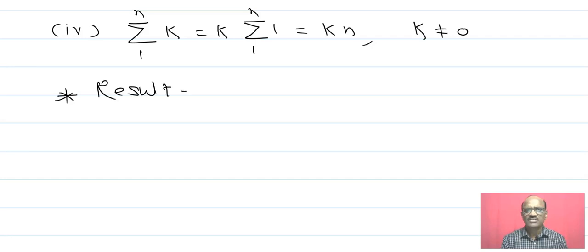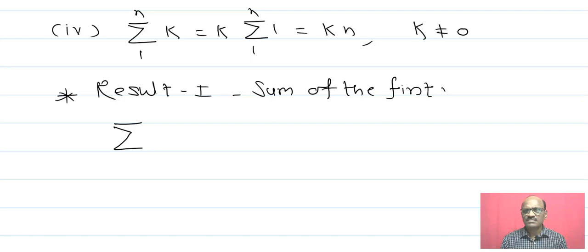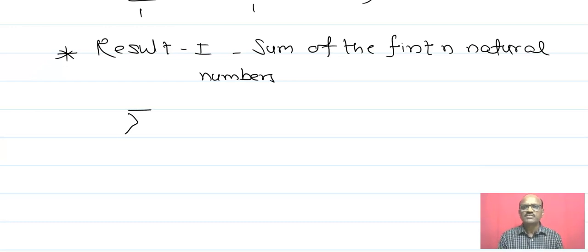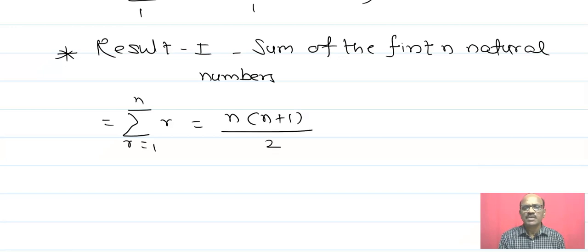Now result 1, that is the sum of the first n natural numbers, summation r is equal to 1 to n of r is equal to n into n plus 1 upon 2.